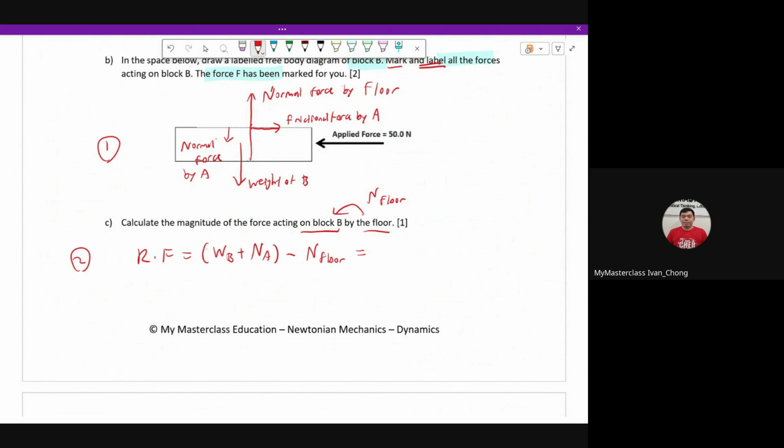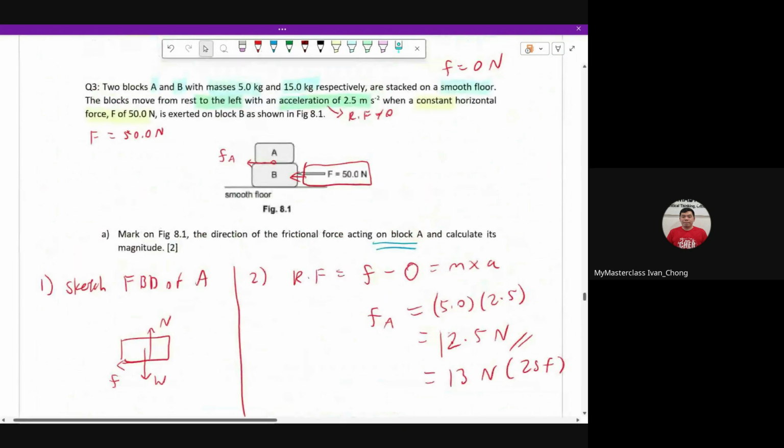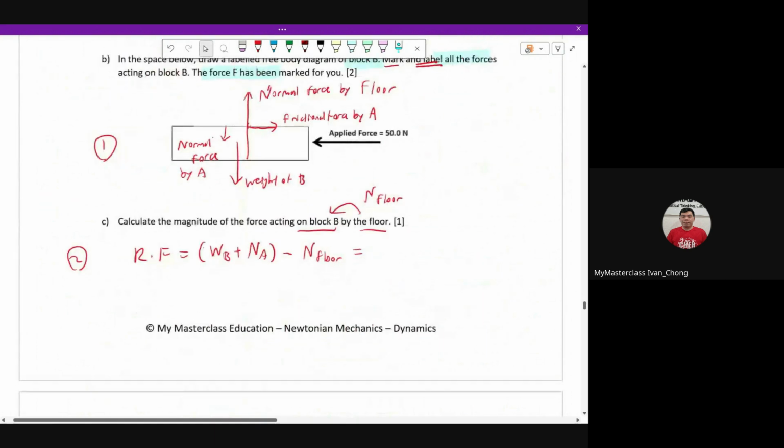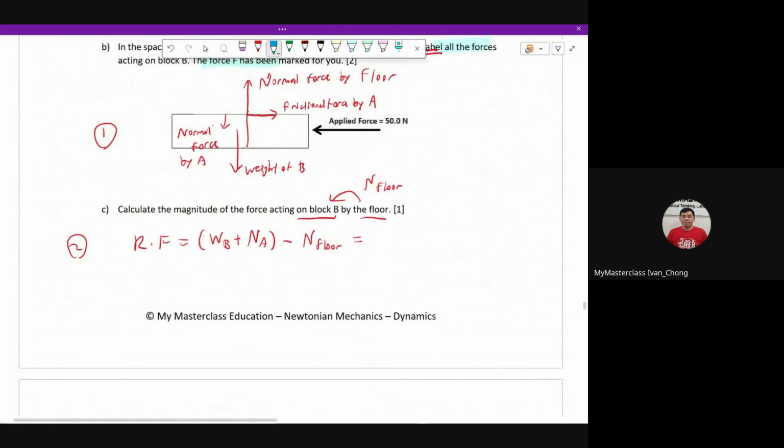First thing, is my box moving up and down? If you notice, you're only moving to your left, which means up and down you are not moving. Not moving vertically. What does that tell you? Resultant force for vertical is 0. So this is going to be 0.